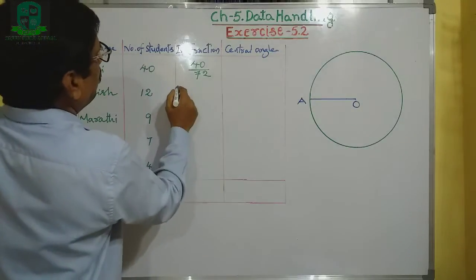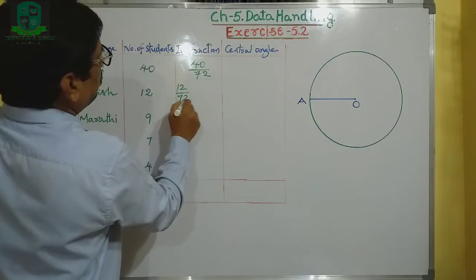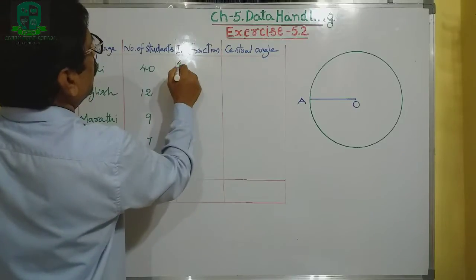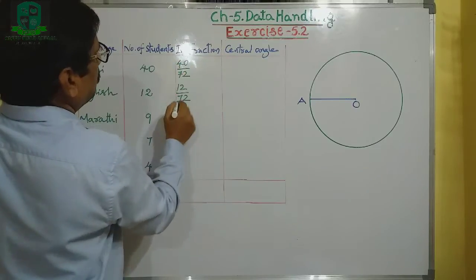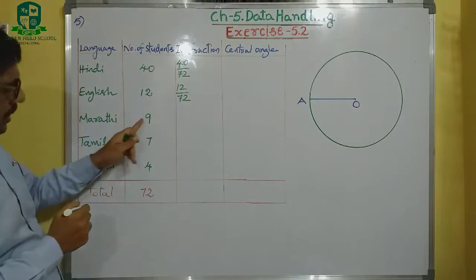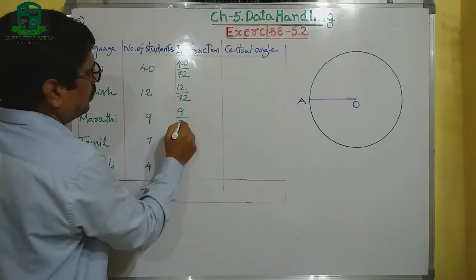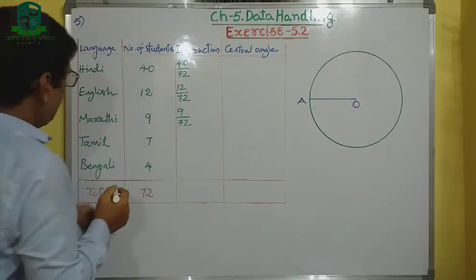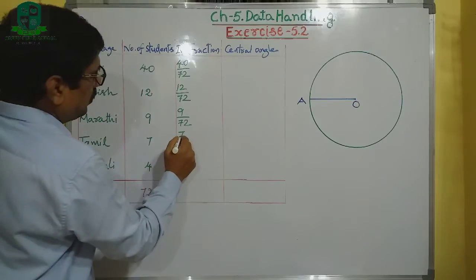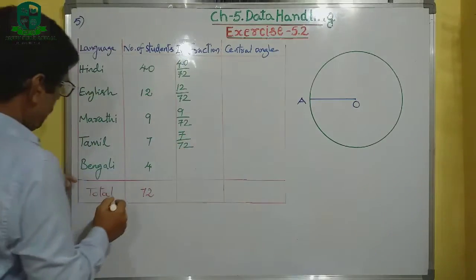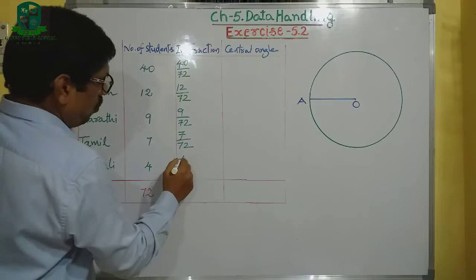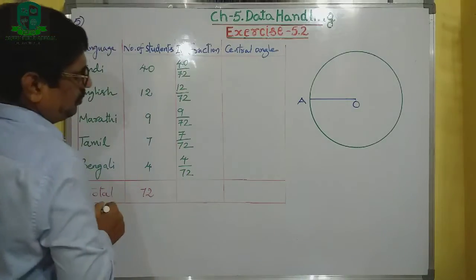Let us write here. We will simplify 12 by 72, and here 40 by 72. Next, Marathi, 9 out of 72. Next, Tamil, 9 out of 72. And Bengali, 4 out of 72.